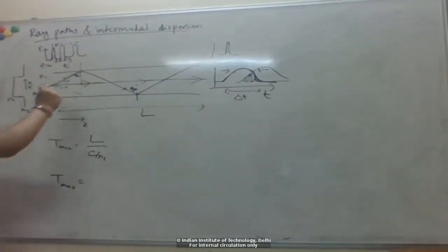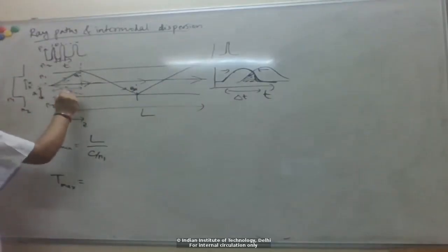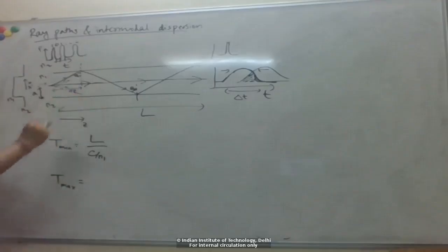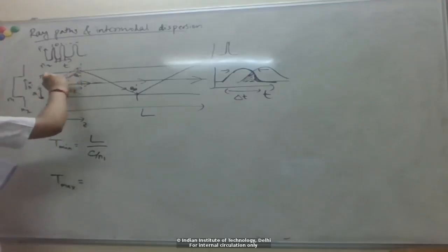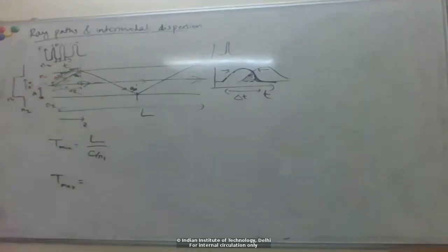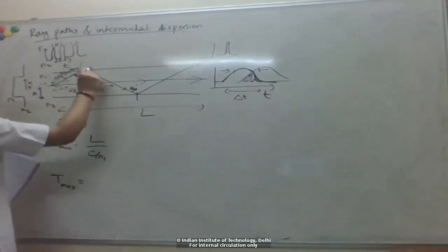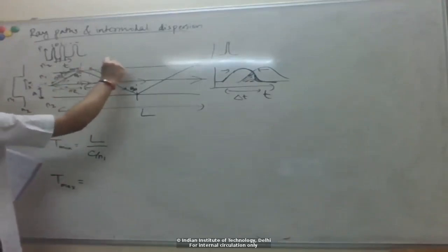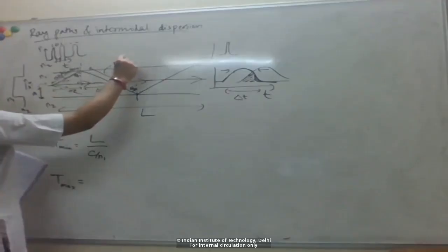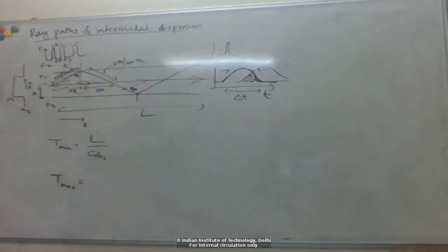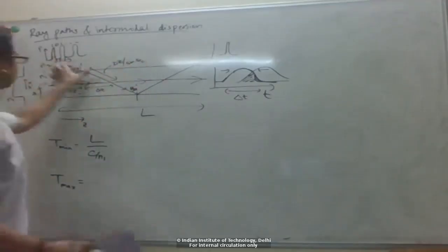So what is the distance traveled by that? If I call this delta z, then this is a right angle triangle here, so this distance is delta z over sine theta c. Similarly, this distance is again delta z, and this distance is again delta z over sine theta c, and this keeps repeating.